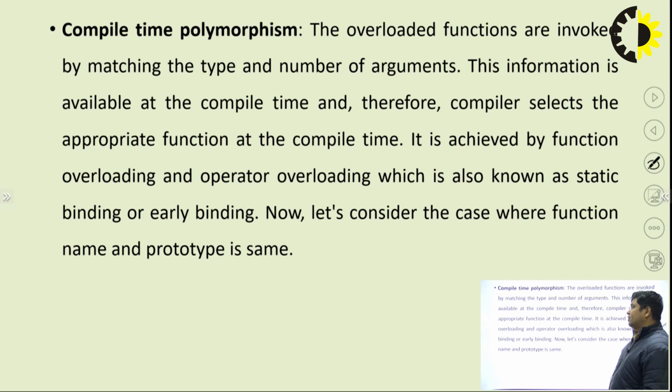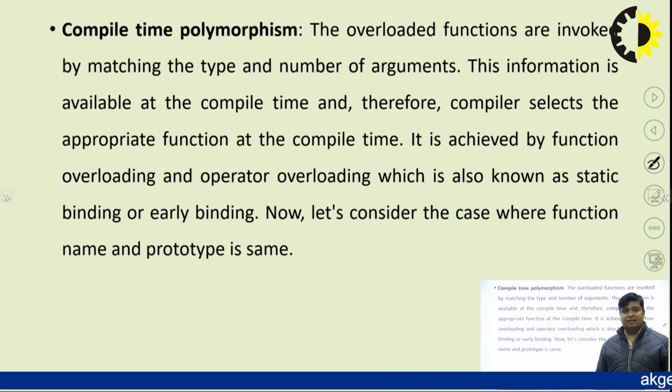Now if we talk about compile time polymorphism, the overloaded functions are invoked by matching the types and number of arguments. So make sure in compile time polymorphism the method name is the same, but the number of arguments and type of arguments are different.